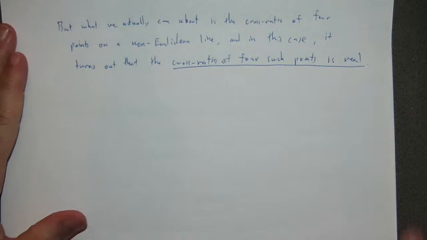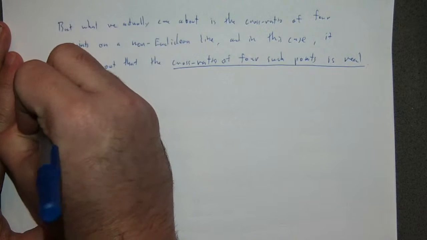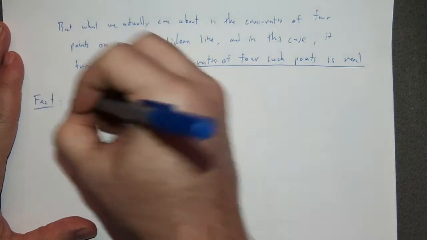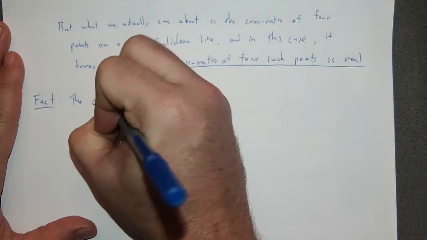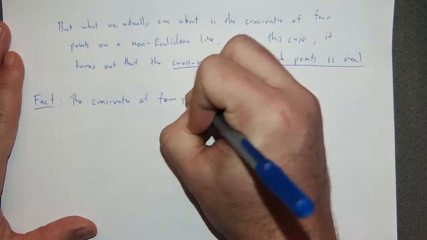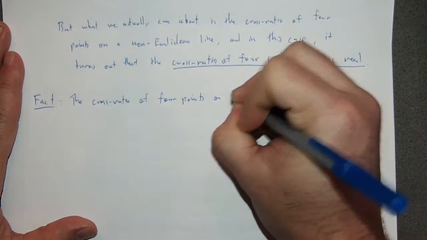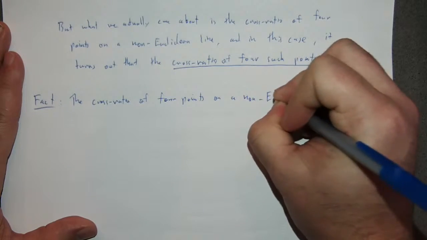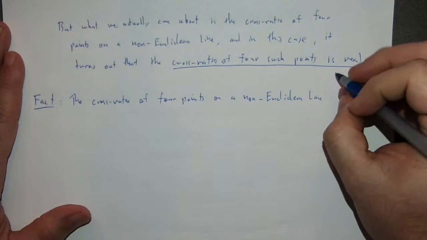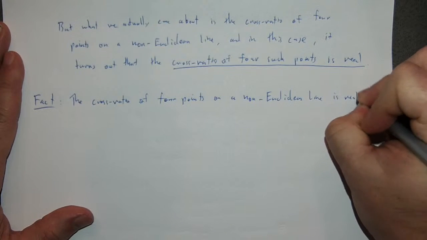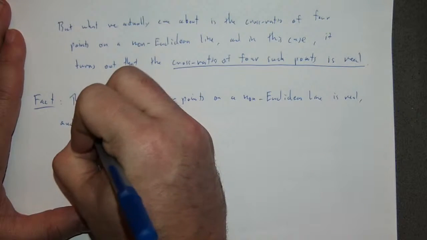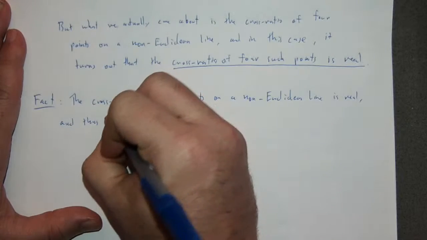Now, why is this? Let's state the fact here. So the cross ratio of 4 points on a non-Euclidean line is real. And thus, why do we care so much?